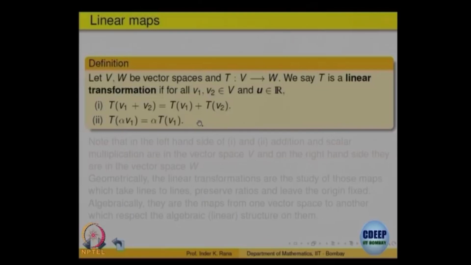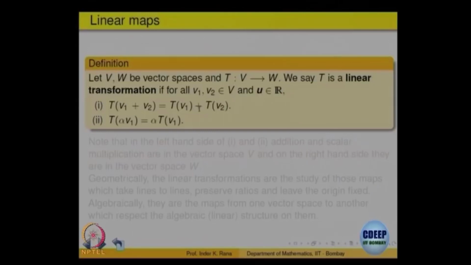And one thing you should note here: when you add V1 and V2, where are V1 and V2? They are in the domain, they are in the vector space V. So, you are adding V1 and V2 here, but T V1 and T V2 are in the image space W. So, this addition is of vectors in W, right. So, here this addition is in the domain, here it is in the codomain.